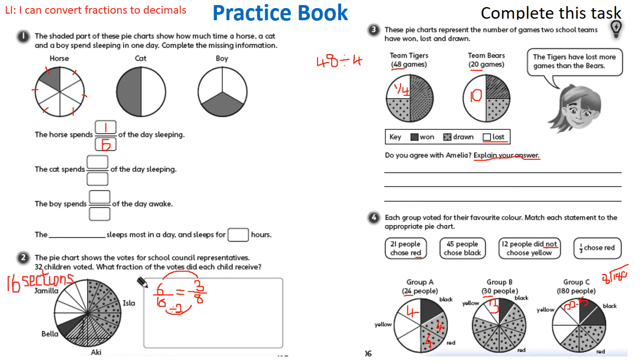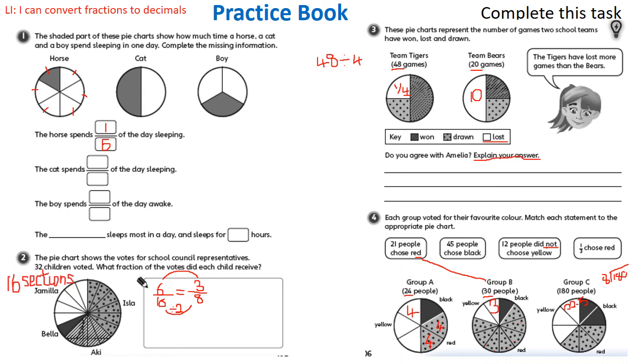So therefore that statement cannot go to group A. Now, in B, each of the sections is worth 3. So 3, 6, 9, 12, 15, 18, 21. So 21 people chose red in group B.